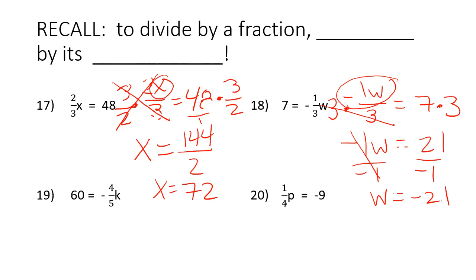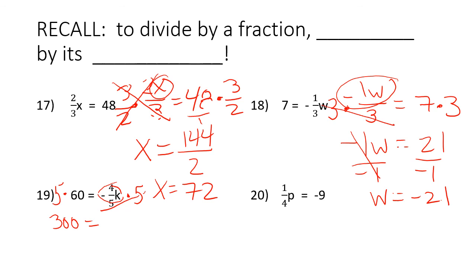60 equals negative 4/5 k. We are going to first multiply by the denominator on both sides. So on the left-hand side, I'm going to get 5 times 60 is 300 equals, the 5's cancel on the right-hand side.